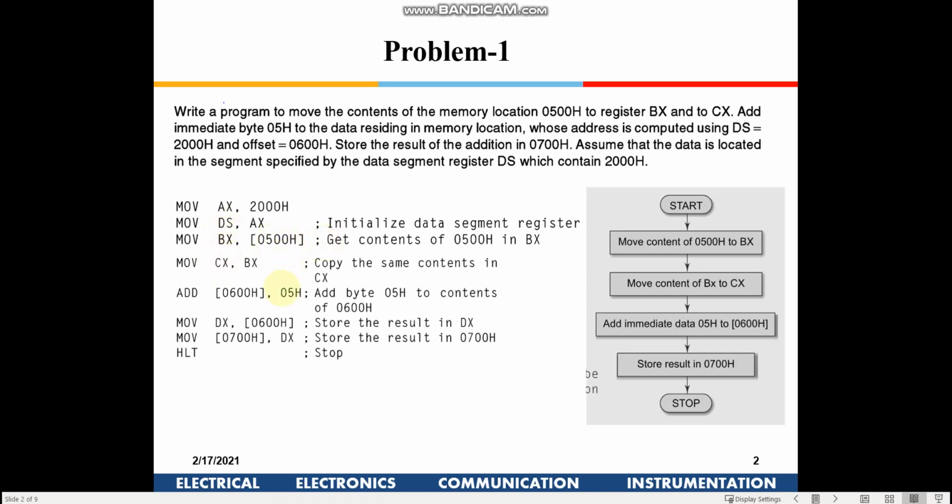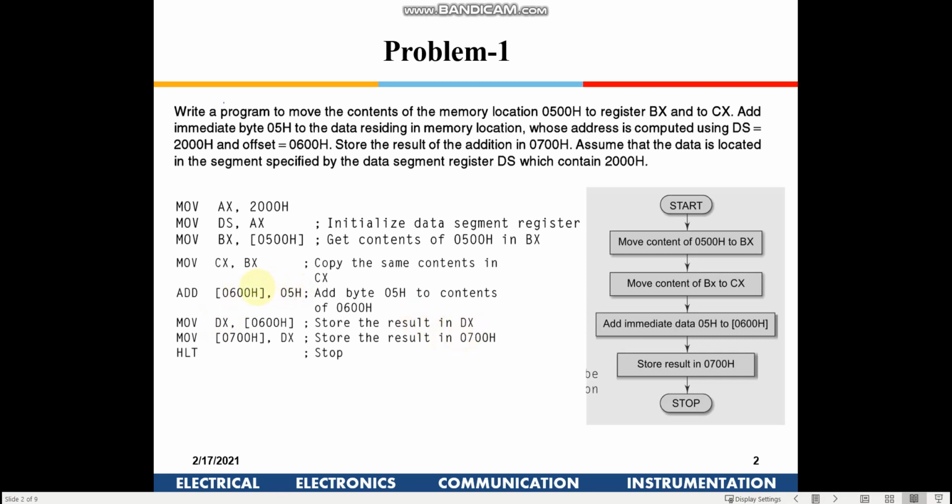Okay, next is to add 5H to the data which is available in this memory location, so you can write an immediate operation itself. So the data in the memory location gets updated with whatever was available previously plus 5H. Then that data needs to be moved to some other memory location.